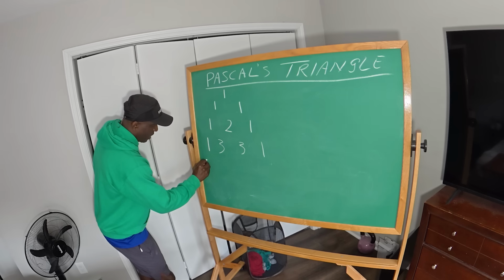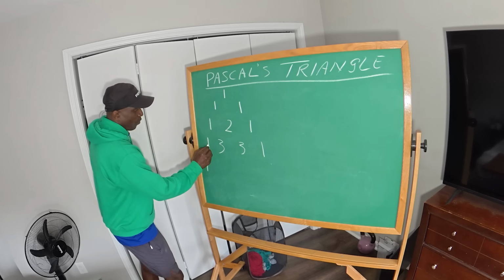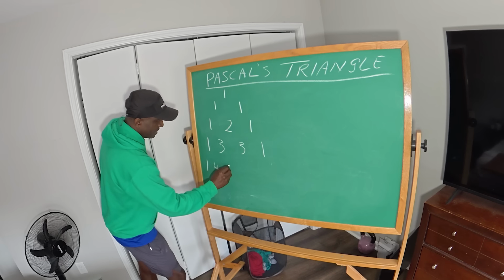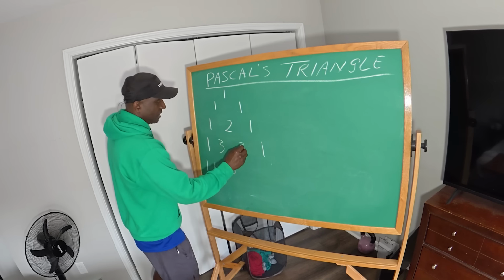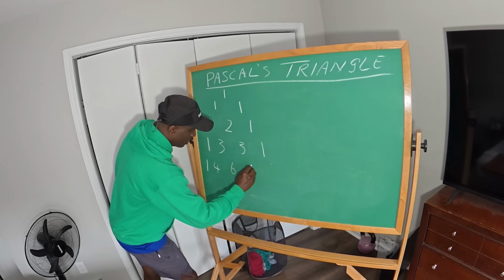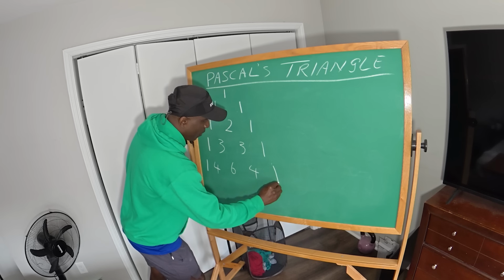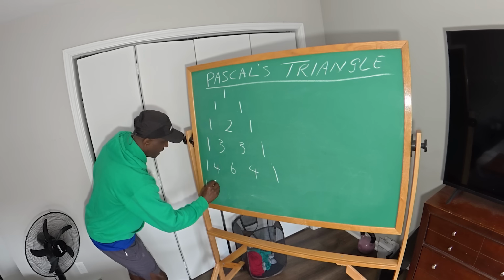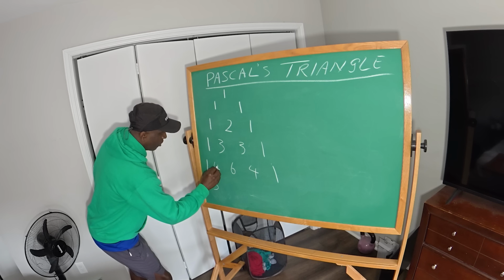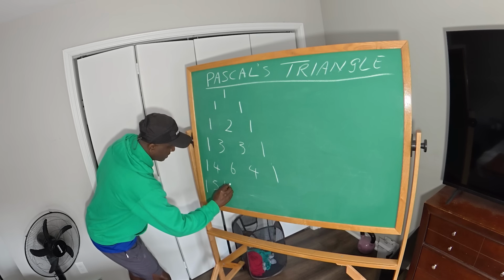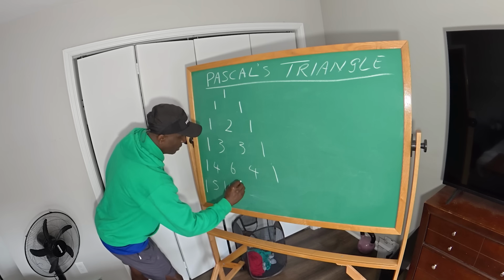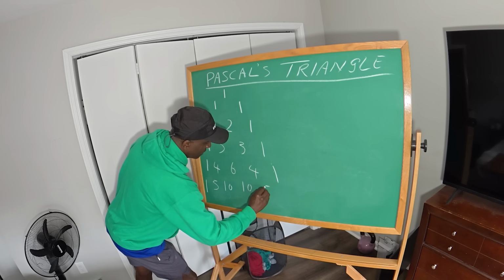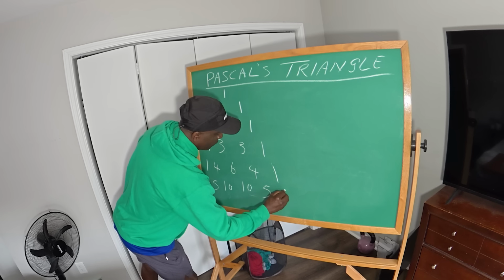Now it starts with a 1, 1 plus 3 is 4, 3 plus 3 is 6, 3 plus 1 is 4, and it ends with a 1. Starts with a 1, 1 plus 4 is 5, 4 plus 6 is 10, 6 plus 4 is 10, and 4 plus 1 is 5, and it ends with a 1.